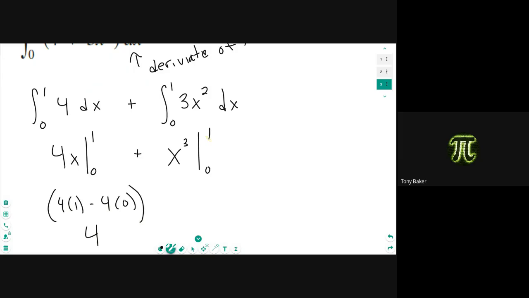And again, we're evaluating it from 0 to 1. So I have 1 to the third minus 0 to the third, which is 1. So this final answer is 1.